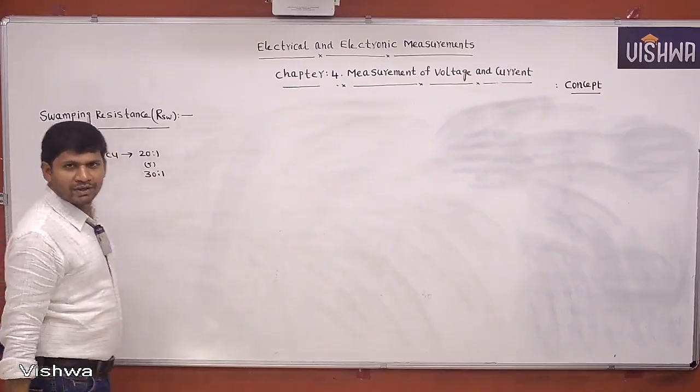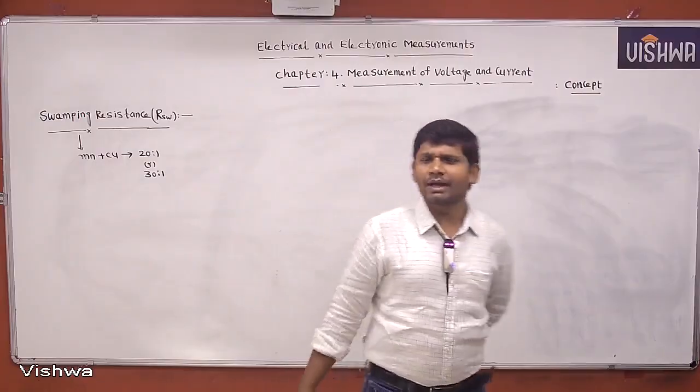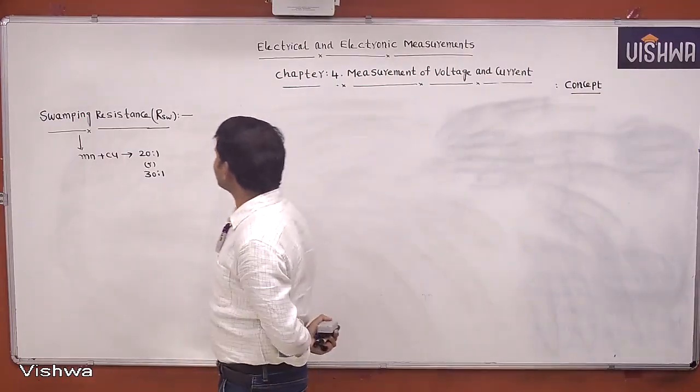If we select manganin plus copper in a 20:1 or 30:1 ratio, it is called swamping resistance.